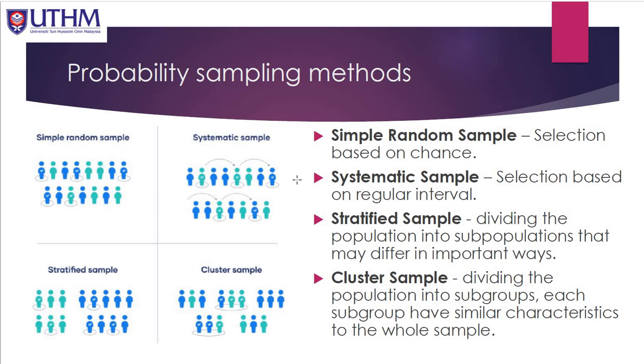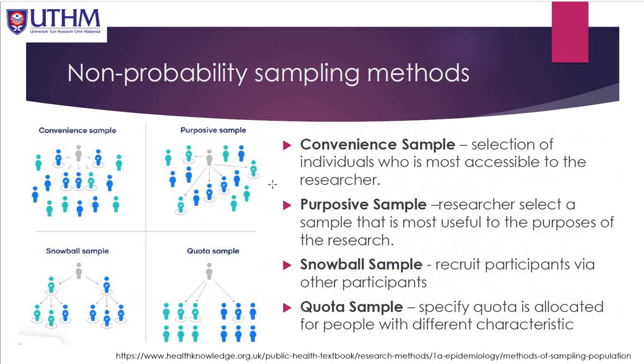For example, about working experience or employment, they have to collect the data from different people who have different jobs or different positions. So mostly it is used for social science people, in social science study.